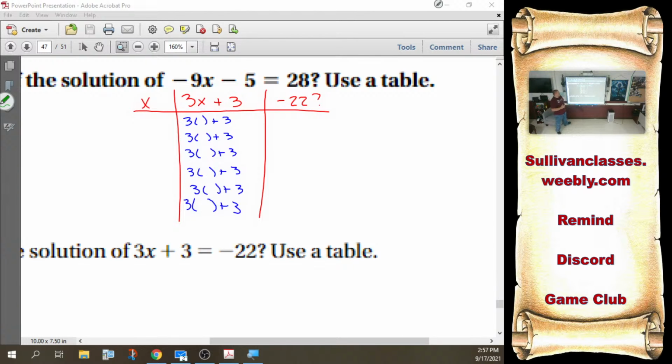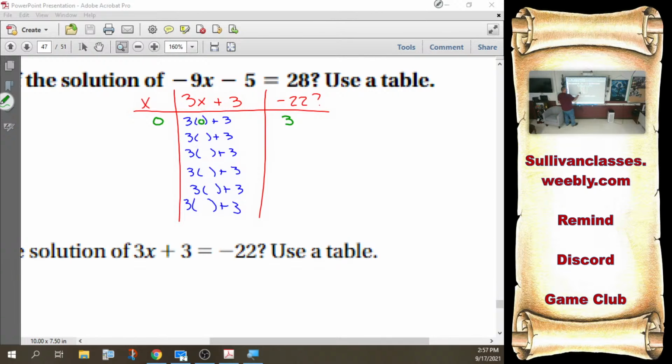Okay. You know, a nice way to determine if I have to be positive or negative, always start with 0. Because if I throw in 0, I get 3. Do I need to go above or below that?